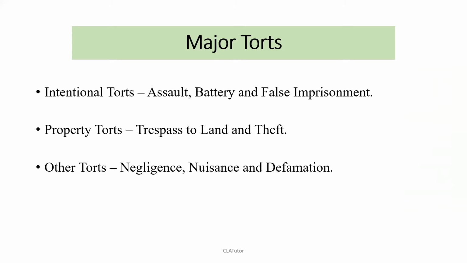First is intentional torts, where the aspect of an intention of the person committing the tort is also considered. Second is property torts, which contain trespass and theft and are related to a person's ownership of property and the effect on the same. And the last category is negligence, nuisance, and defamation.